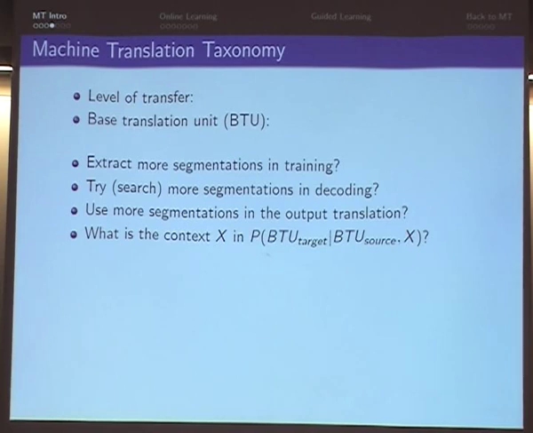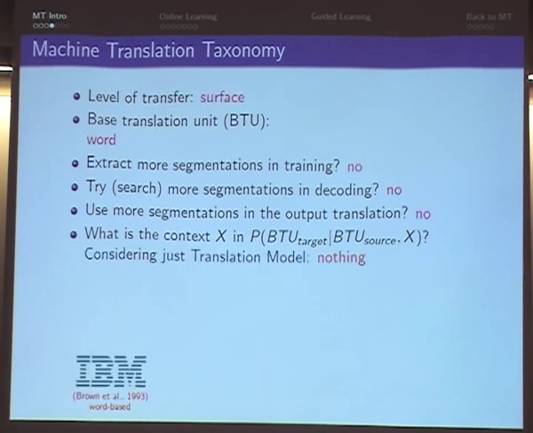So now here is the taxonomy. Here are several criteria, or questions, which you can ask when you find a new MT system, a new animal. So statistical MT started, well, actually it was before, but maybe the most popular paper is from 1993, the IBM models for word alignment.